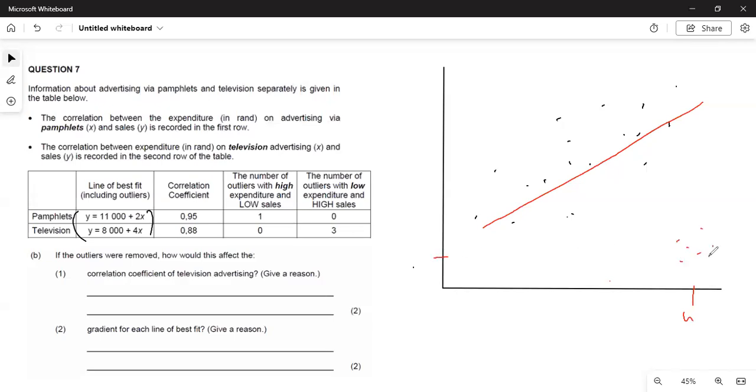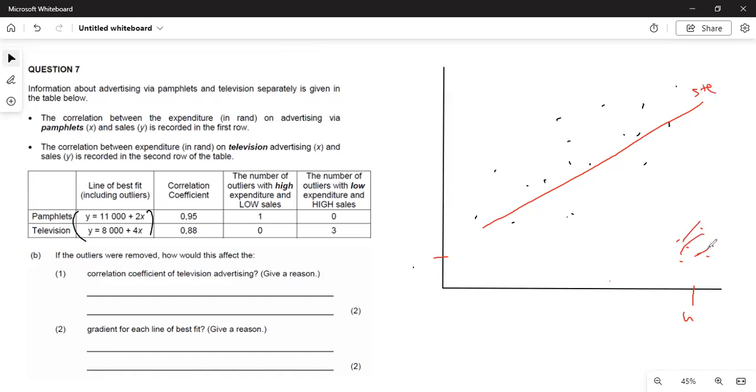So somewhere here, what that will do is that with the outliers, it will cause our gradient to become less steep. So the value of the gradient would be less steep. But if we then go ahead and remove that, we would see that the gradient will become steeper.